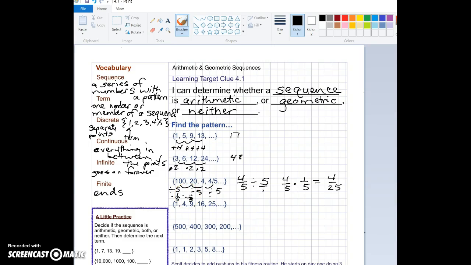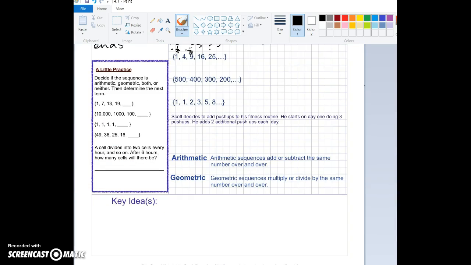Let's do the next one. 1, 4, 9, 16, 25. Do you see a pattern?